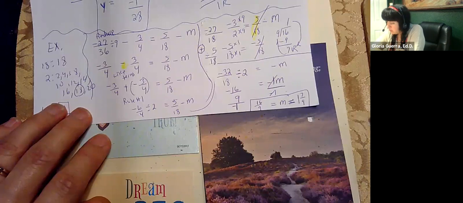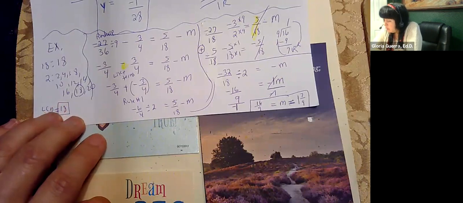Okay, so we got the other ones. I was just double checking the other answers to make sure I got those right. So yeah, 5 eighths, negative 1 over 28, and 1 and 7 ninths, or 16 ninths.